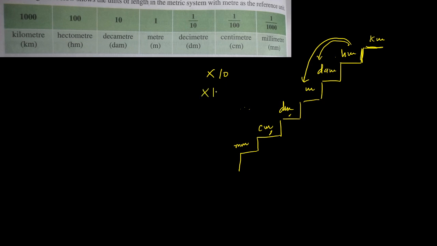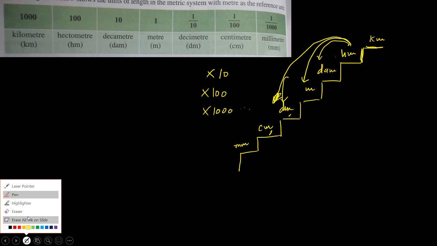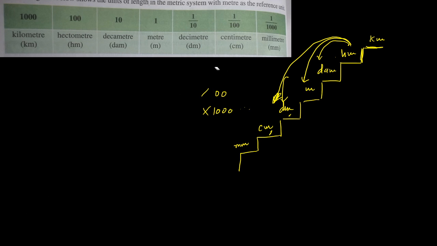So you have to multiply by 100. If you are coming from hectometer to decimeter, you are coming 3 stairs down. So you have to multiply by 1000 and so on. So this is a simple trick by which you can do all these questions easily, and you don't have to learn all the conversion units.